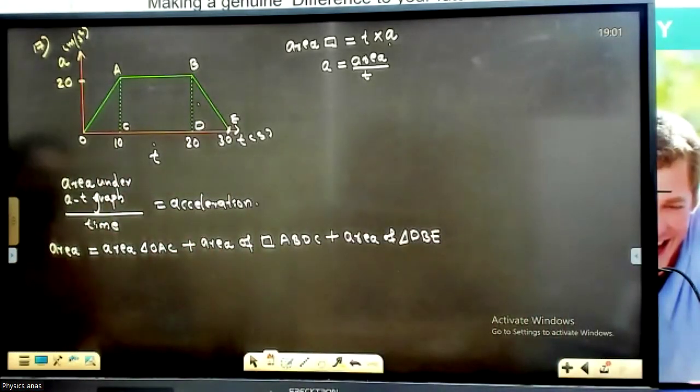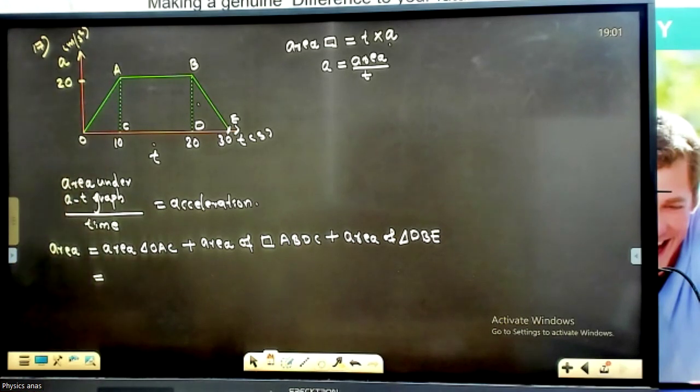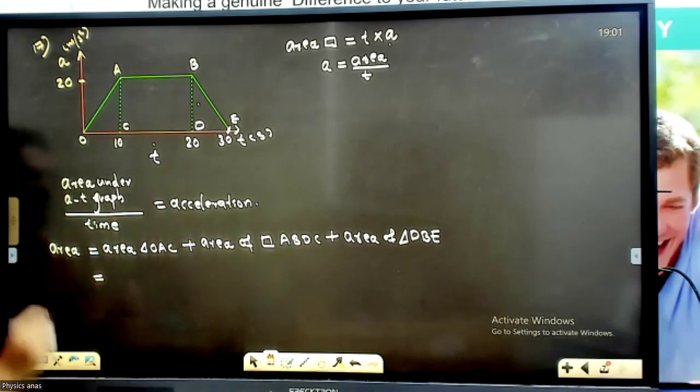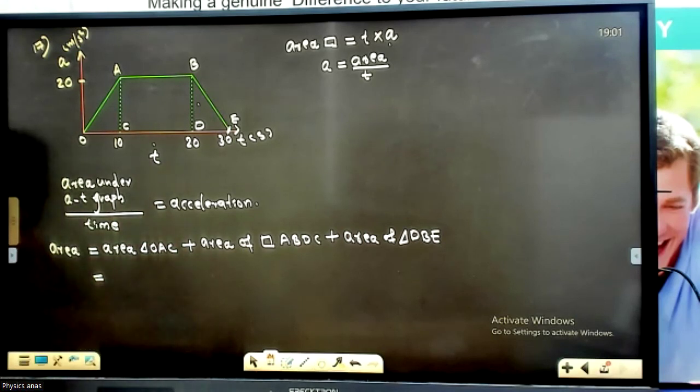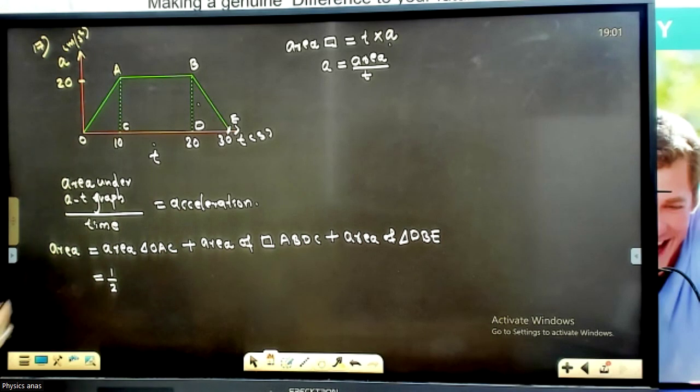Now, what is the area of triangle OAC? How can we find the area of a triangle? The equation for the area of a triangle is half BH. B is the base.